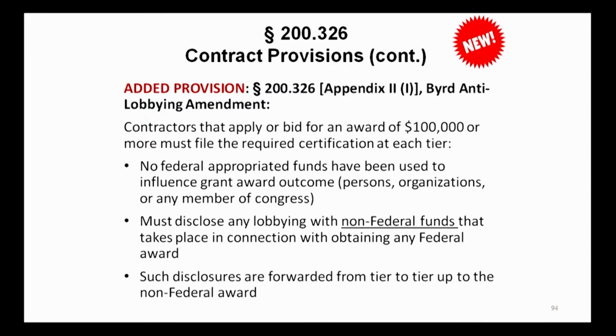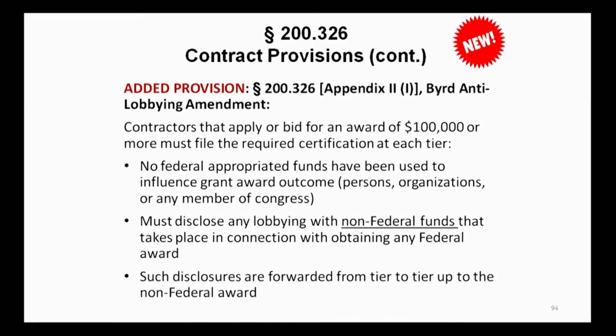And we have a new provision for the Byrd anti-lobbying amendment. This is required for contractors who apply or bid for more than $100,000. And it also gets carried over to their subcontractors.